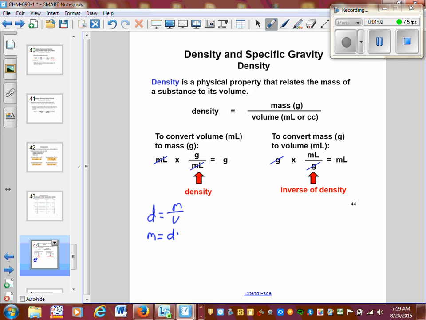It's density times volume. If we know the mass and the density, you can figure out the volume. The volume is equal to the mass divided by the density. So, knowing the density and one of the other properties, either the mass or the volume, we can do conversions.